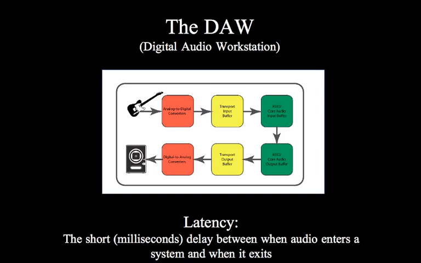Now, in the case of the digital audio workstation, one of its main functions is to integrate multiple devices, some of them analog and some of them digital, together. No matter what, there will always be what we call latency, or a short delay between when the information gets to the computer and when it gets to the speaker.